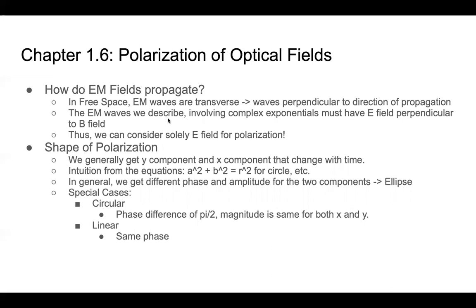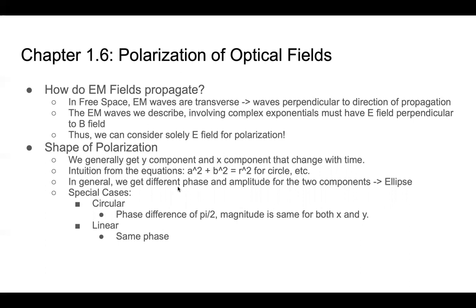So we can rely solely on the E field when we consider polarization because of this fact. The shape of the polarization, a lot of this intuition comes from the fact that a circle is described by a squared plus b squared equals r squared, and an ellipse by a squared over x squared plus b squared over y squared equals 1.